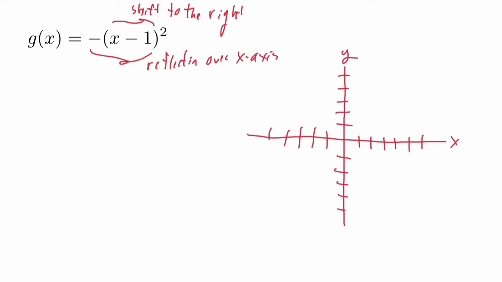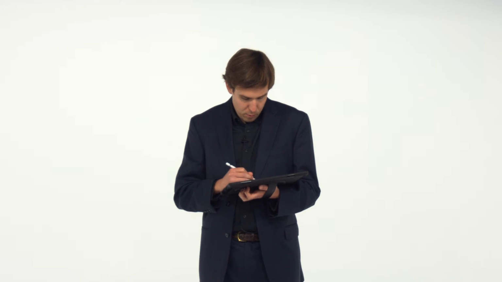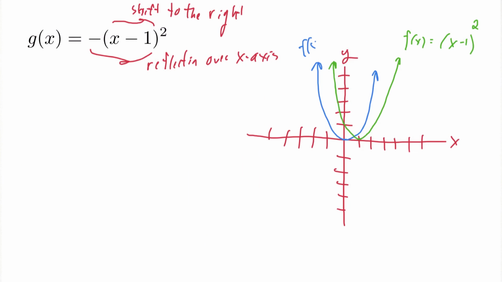Well, we can start with the function f of x equals x squared. Now what I'll do is I will shift it and reflect it. So I shift to the right. So this is f of x equals x minus 1 squared. And now, let me label the blue one. It's f of x equals x squared.